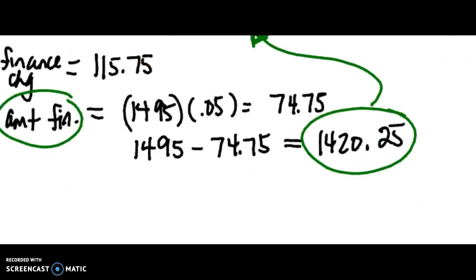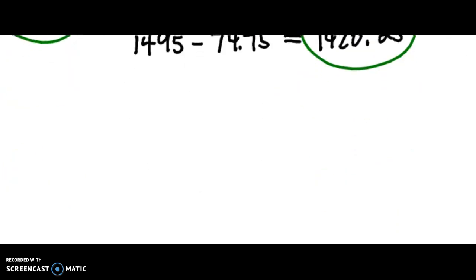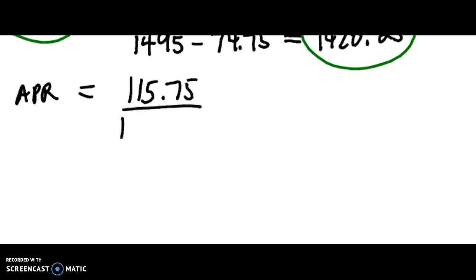So we'll compute the APR by finding the ratio of $115.75 and $1,420.25, or divide them, and then multiply that by 100.